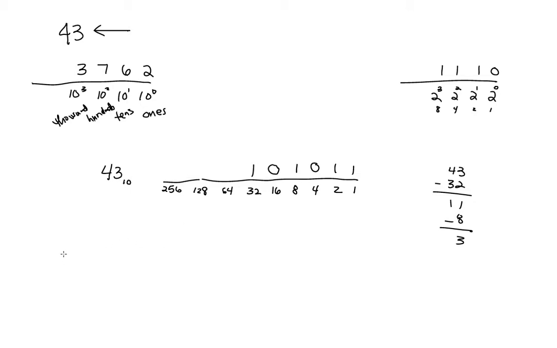Let's do one more binary conversion. 1011010 base 2 equals what? Well, usually when I'm converting, just to make life easier for myself, I write the places under it, and then I can just add them up and make sure I don't make any careless errors, especially if you're doing this on an exam.